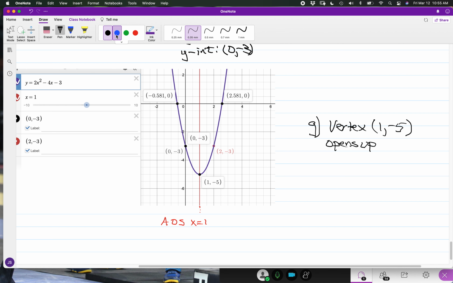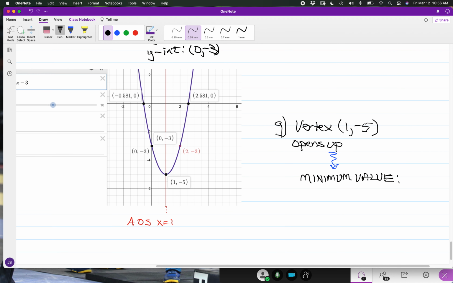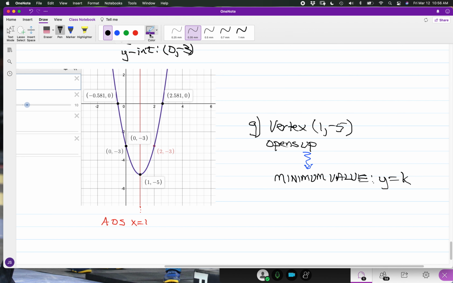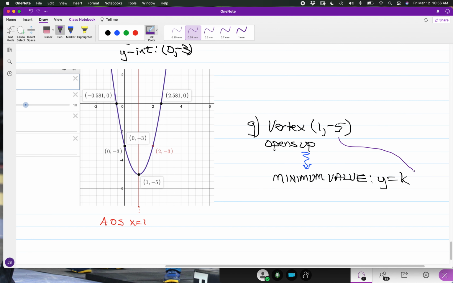The graph opens up, and since the graph opens up, the vertex is going to be the location of the minimum. The minimum value is going to be the y value, or the second coordinate in the vertex. So the minimum value in this case is y is equal to k, the second coordinate, and that is going to end up at negative 5.